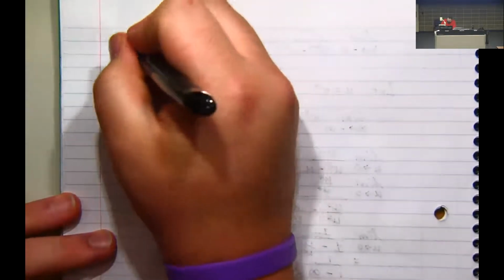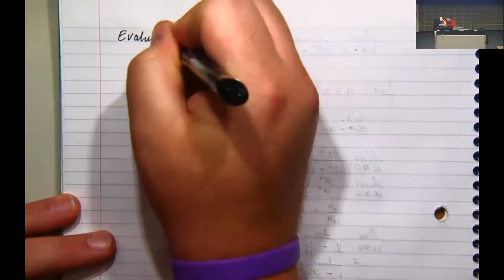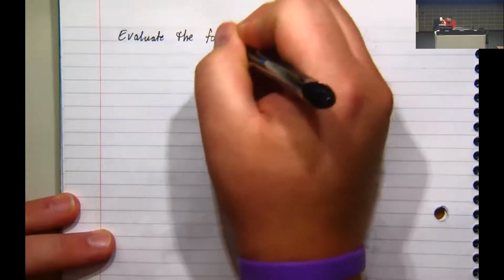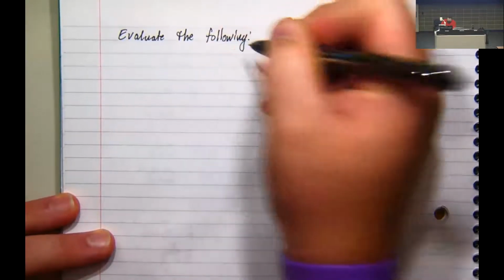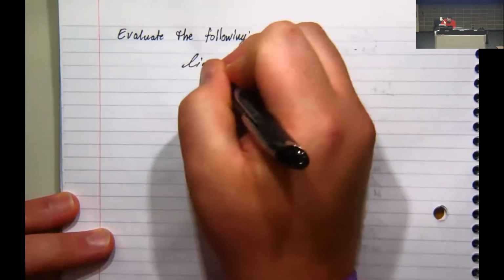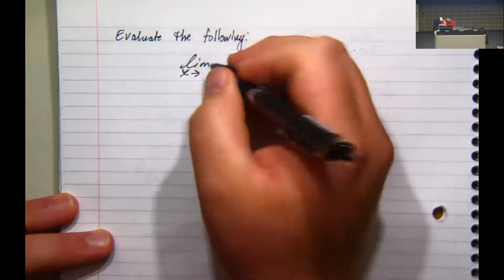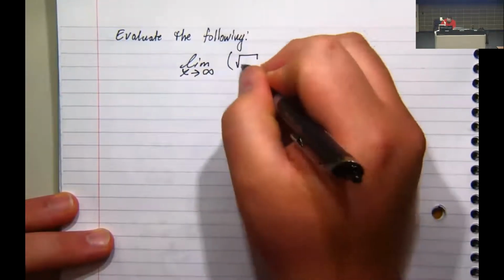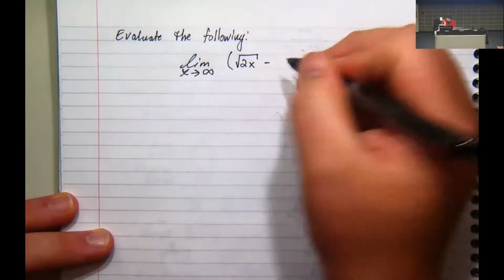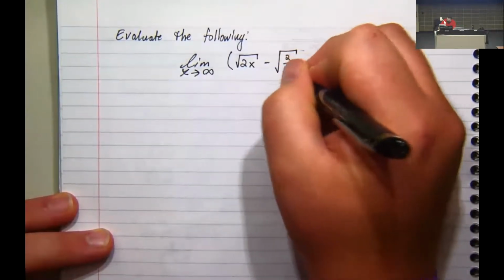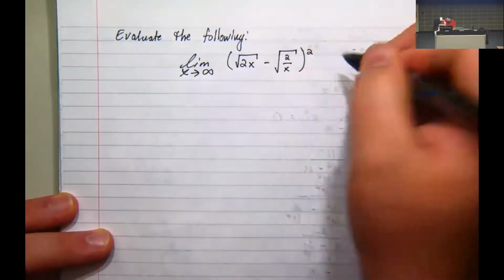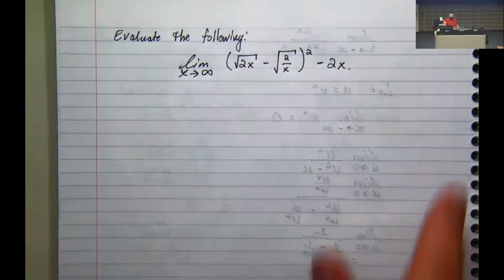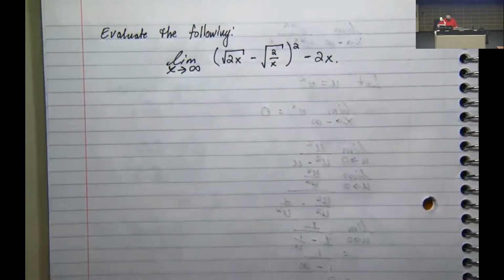So evaluate the following: the limit as x goes to infinity of root 2x minus root 2 over x all squared minus 2x. And just in case people didn't have that.